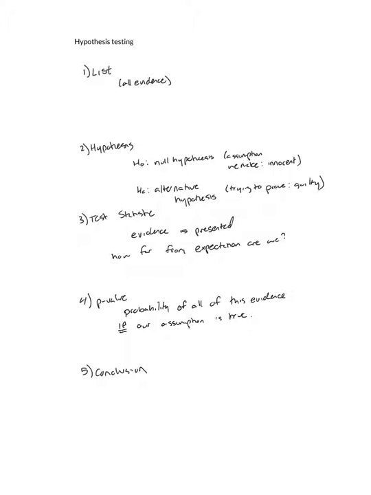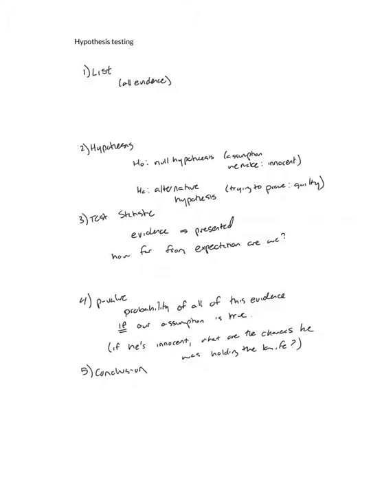That's like saying, if he's really innocent, what are the chances he was holding the knife? So this is what the p-value measures. That is, what's the probability of having all this evidence if in fact our assumption is actually true? If in fact he's innocent, what are the chances this evidence is here?